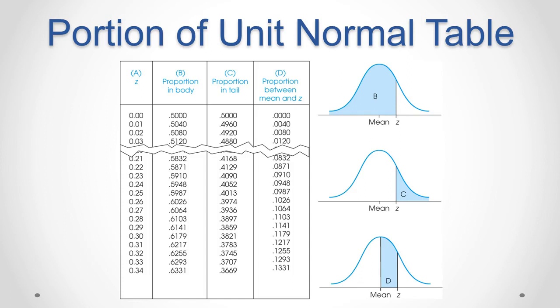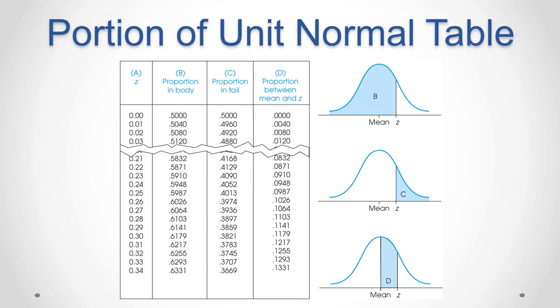The unit normal table in Appendix B1 of our textbook gives proportions of area under the standard normal curve for z-scores ranging from 0 to 4. Each z-score divides the curve into two areas to the left and to the right of the z-score.